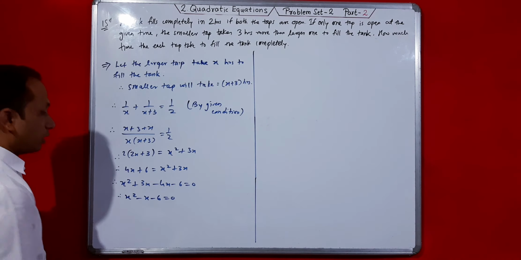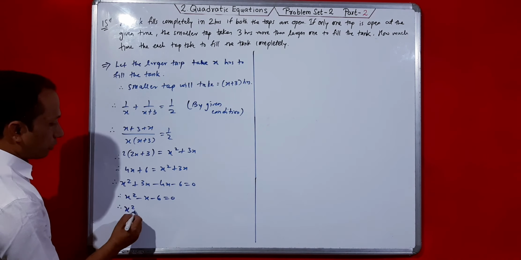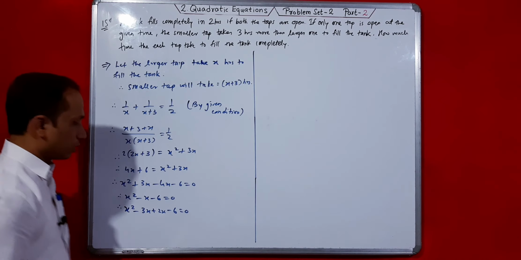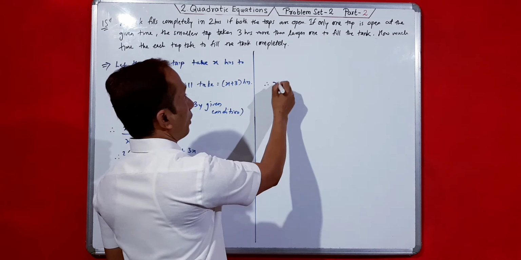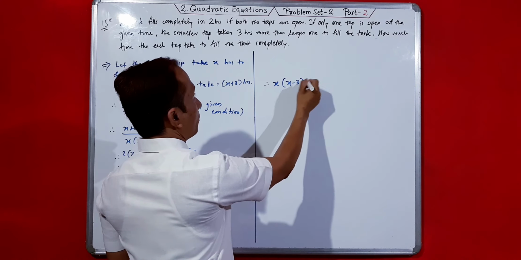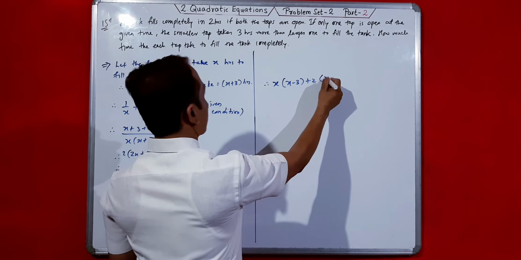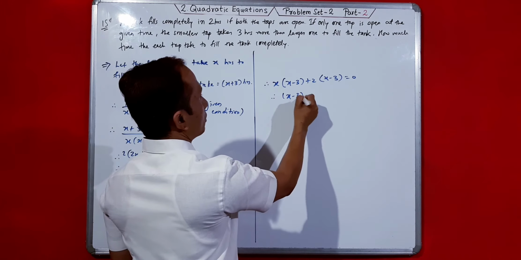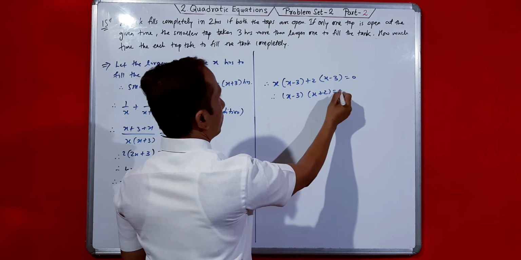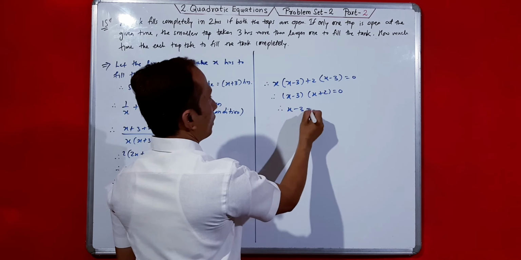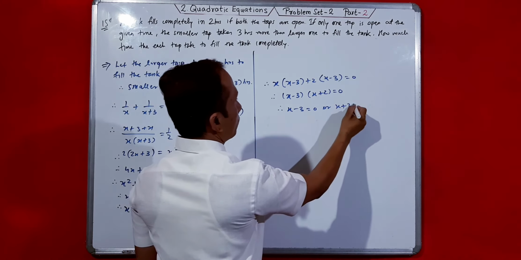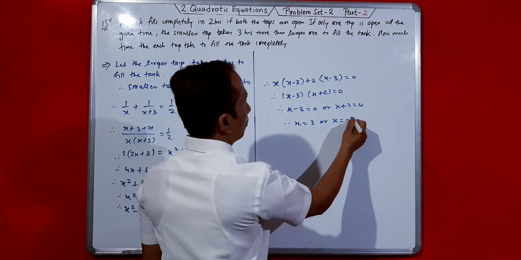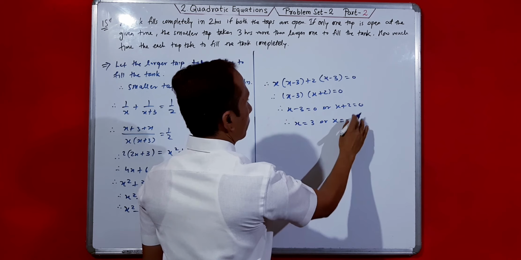So x squared minus 3x plus 2x minus 6 is equal to 0. These are the factors: x minus 3 into x plus 2 is equal to 0. Therefore x minus 3 is equal to 0 or x plus 2 is equal to 0, so x is equal to 3 or x is equal to minus 2.